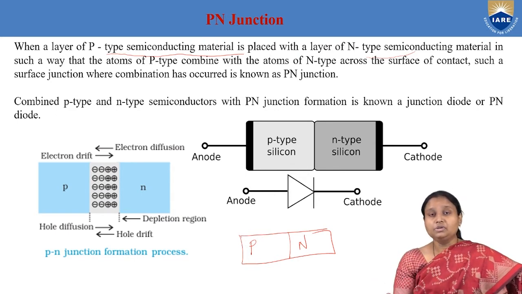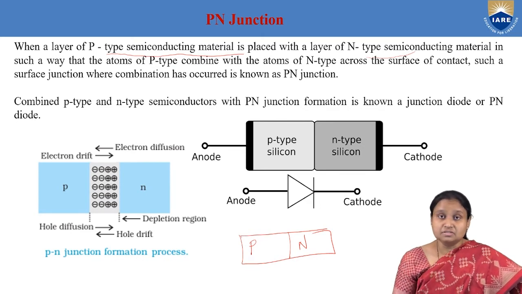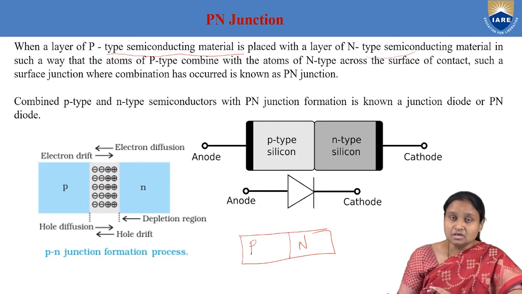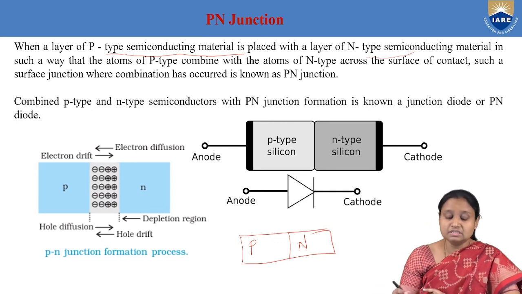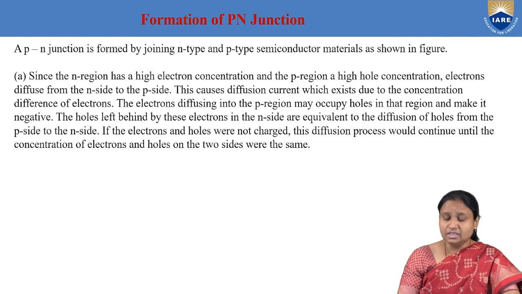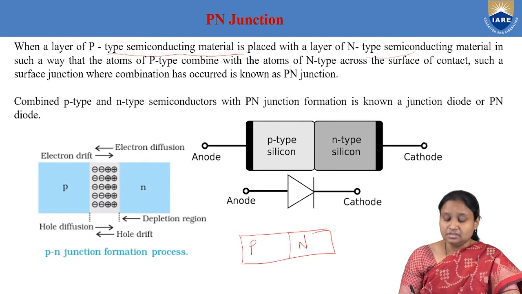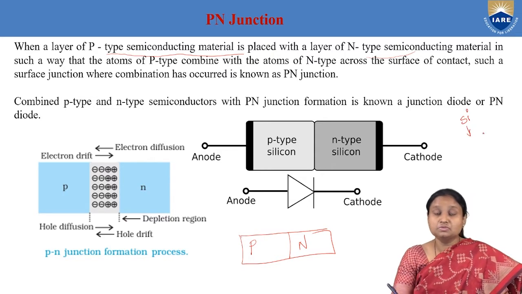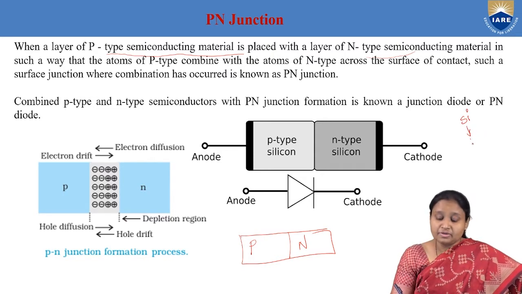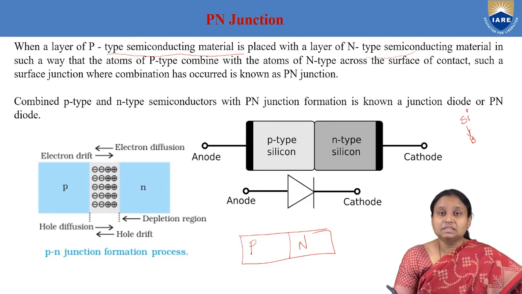Now, before going into detail about what happens once a PN junction is formed, we'll quickly recollect what exactly P-type and N-type semiconductors are. We have seen that intrinsic semiconductors are silicon and germanium. If we take an intrinsic semiconductor like silicon and add trivalent impurities which belong to group 3 elements, suppose I have added boron, then this boron has 3 valence electrons.